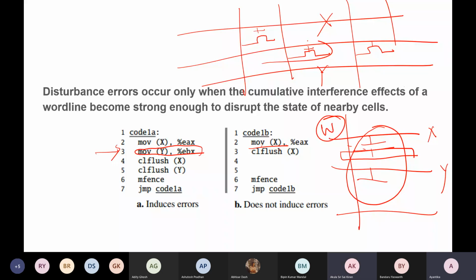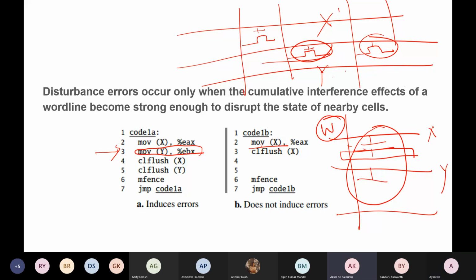So this should be somewhere in between X and Y. Let's say X is row 5 and Y is row 7, there will be more effect in row 6.